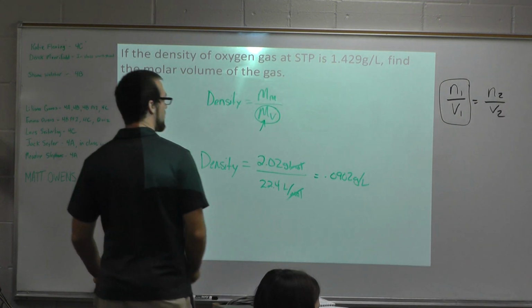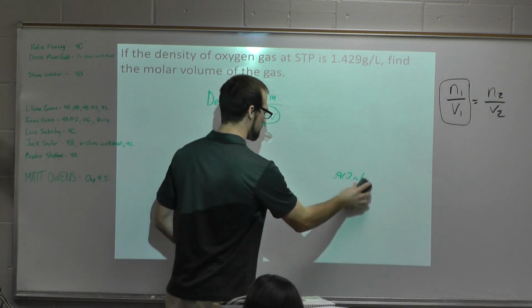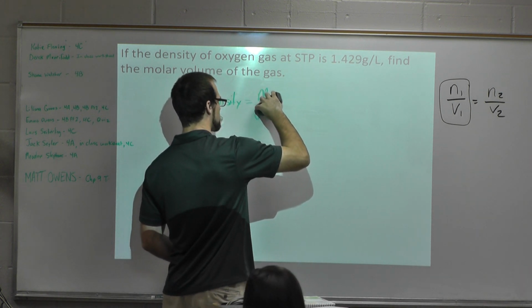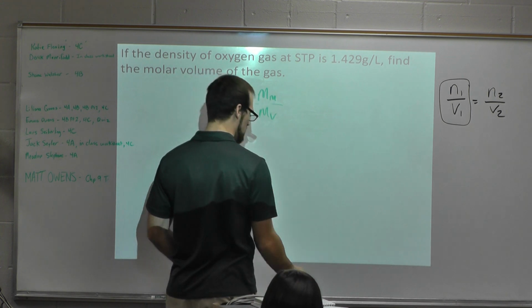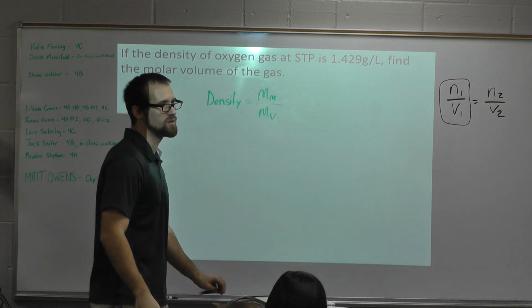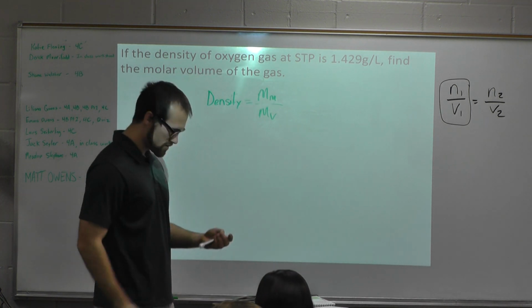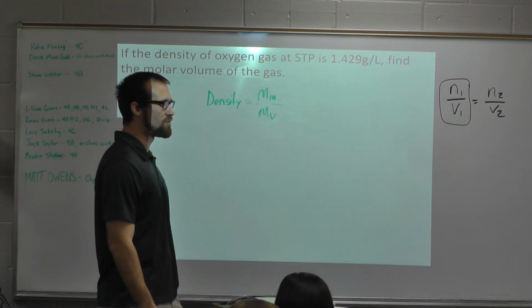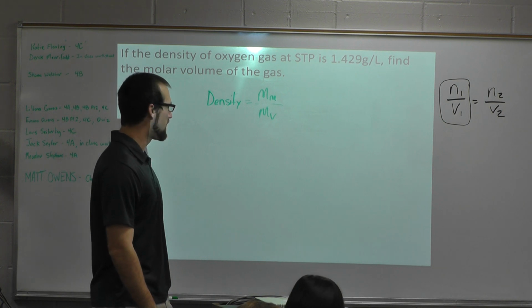I'll show you how to do it. I just plugged it into my calculator and got 0.0446. If you ever use this equation to find molar volume, you could just assume it's 22.4, because what is molar volume? 22.4. Now, it may not give you perfectly 22.4, and it shouldn't.